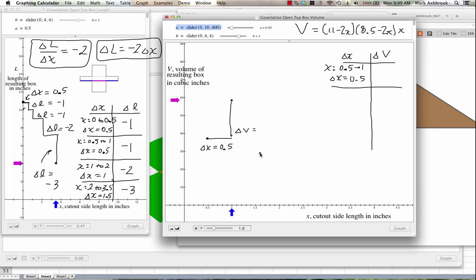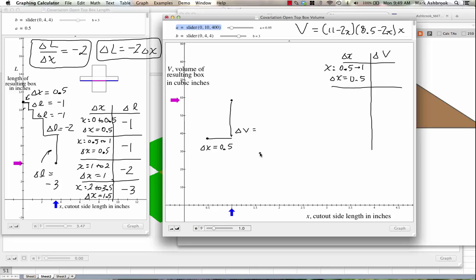It's not going to tell you how much it changed. We put the number 0.5 in that formula. Does it tell us a change in volume or a volume? It just tells you the volume of the box when the cutout is 0.5. Is that necessarily the same as the change in volume for this particular change of 0.5? So you take the volume first.